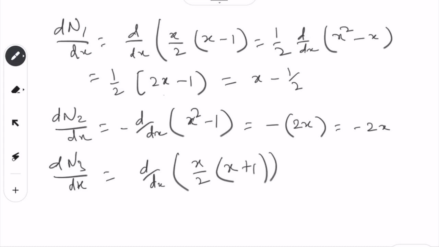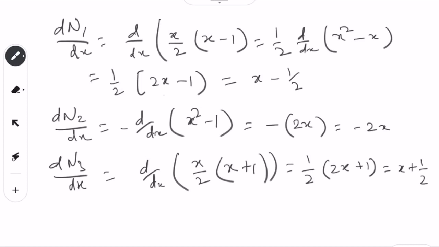Again, if you have x equal to 1, you have 1 here, 1 here, so 2 times 1 divided by 2 becomes 1, which is correct. Then it equals half of (x square plus x), so you have 2x plus 1, which is equal to x plus half. So we got all three derivatives.